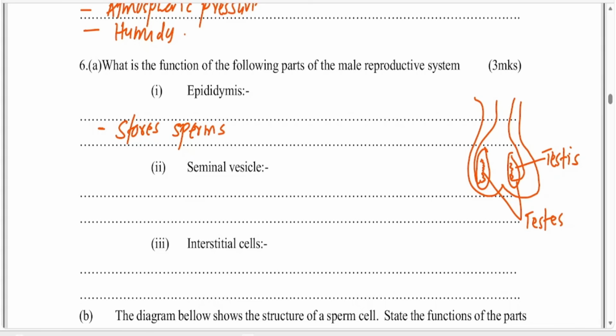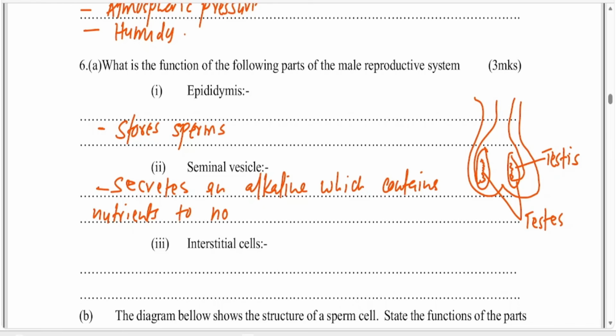The seminal vesicle secretes an alkaline fluid which contains nutrients to nourish the spermatozoa.